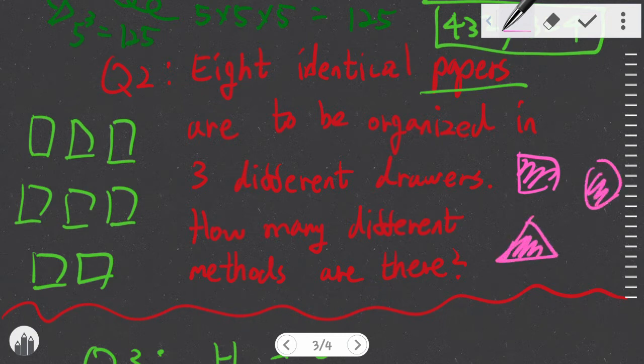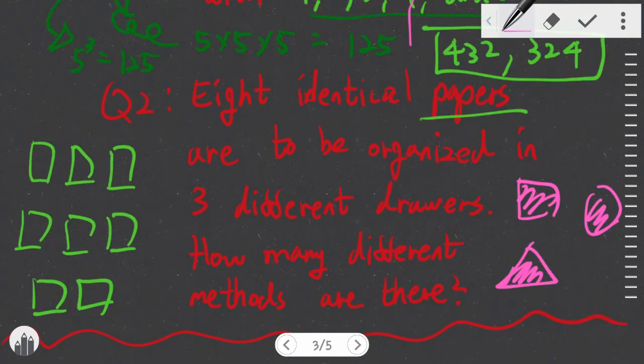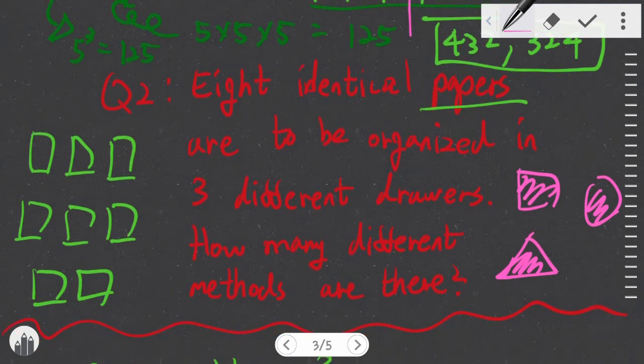How many different methods are there to organize this? Before we solve this problem, I should explain the definition of nHr and how the theory works. But before that, we can see that we'll have to use the repeated combination because we're organizing the same papers into different drawers.